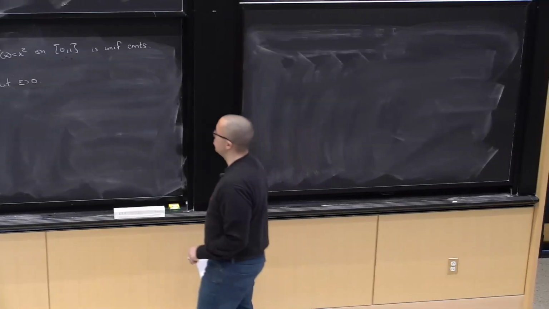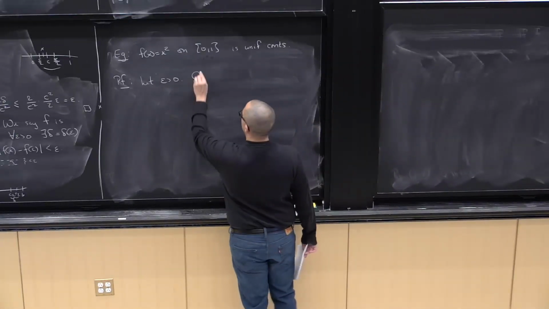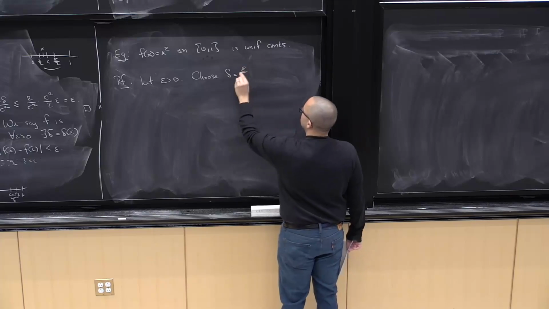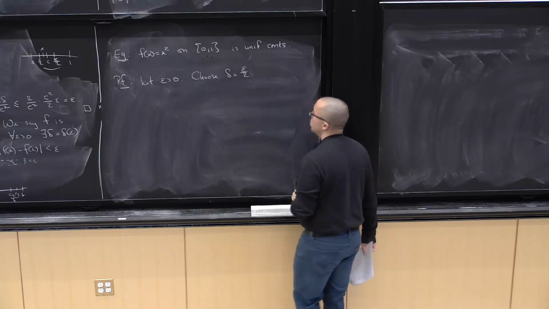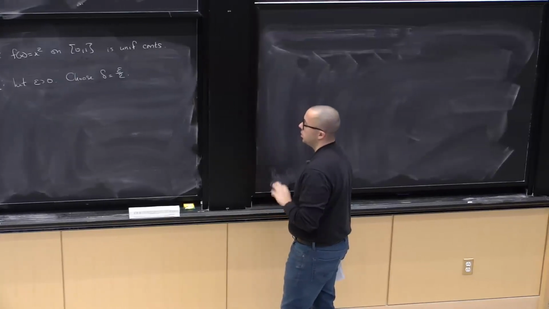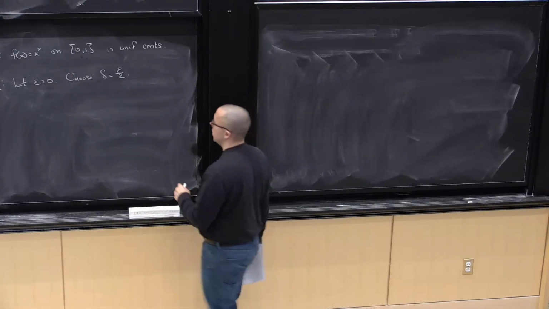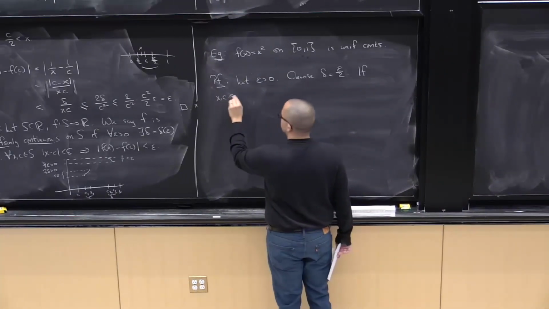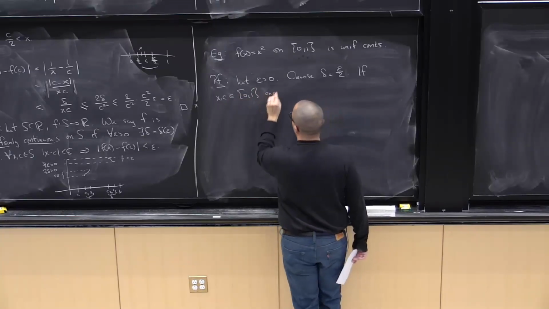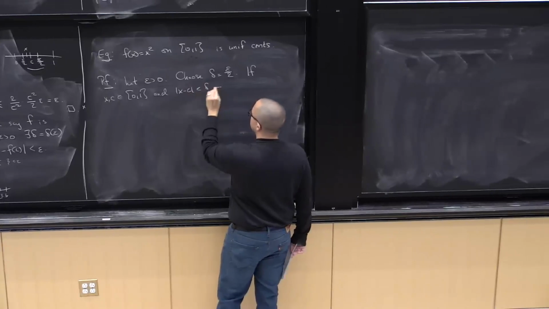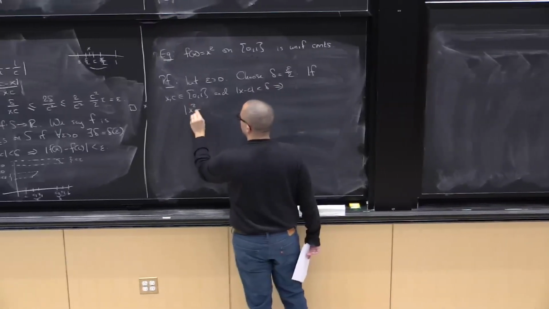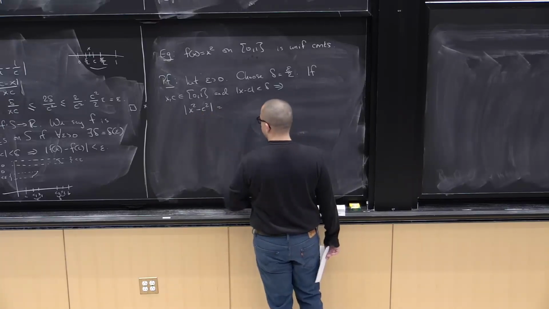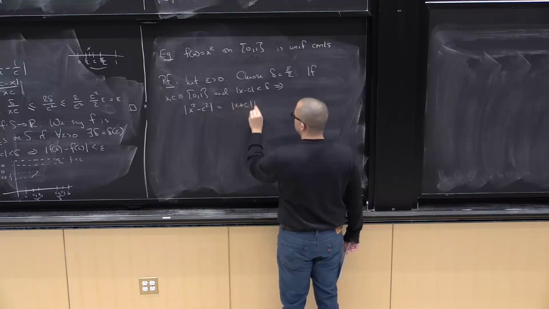So let's show this function is uniformly continuous. Let epsilon be positive. Choose delta to be epsilon over 2. Now, you see this delta just depends on epsilon, okay? Then if x and c are in 0, 1, and |x minus c| is less than delta, then if I compute the difference, x squared minus c squared, I can write this as (x plus c) times (x minus c).